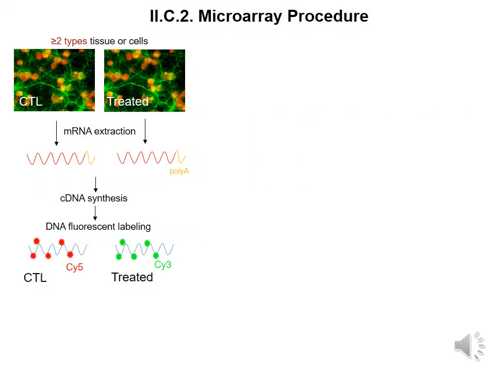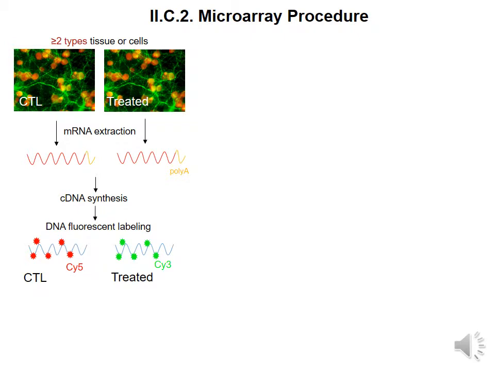Here is a diagram of how the microarray procedure happens. As I just said, you will need to compare 2 different samples, in this case a control and a treated sample, of tissue or cells. And then you continue with mRNA extraction from those 2 samples and cDNA synthesis.